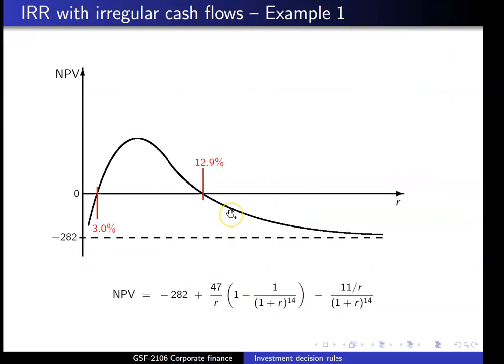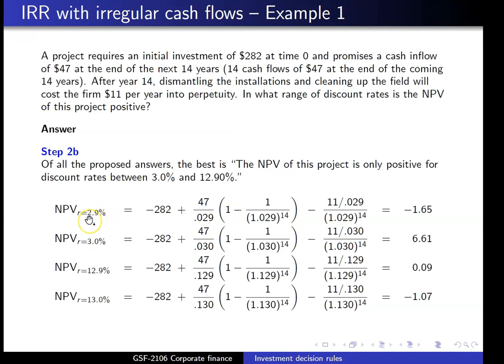Because if these are the correct internal rates of return, there should be a change in the sign of the net present value around these rates. So if the NPV is positive for rates between 3 and 12.9, this means that below 3, the NPV is negative, and above 12.9, the NPV is also negative.